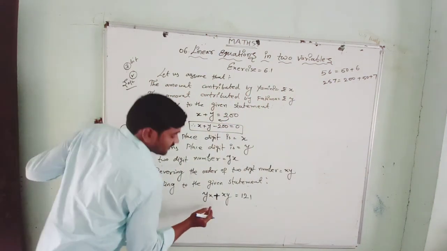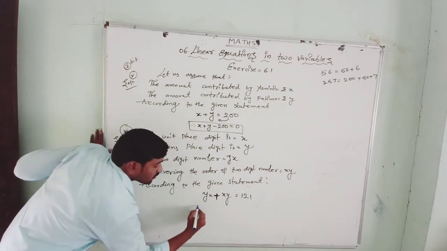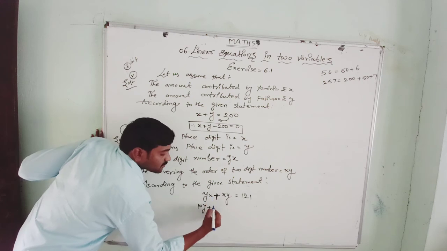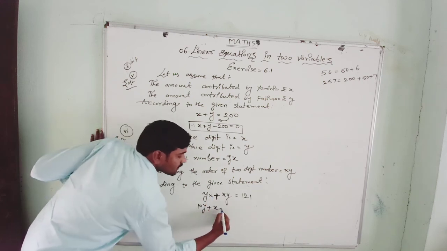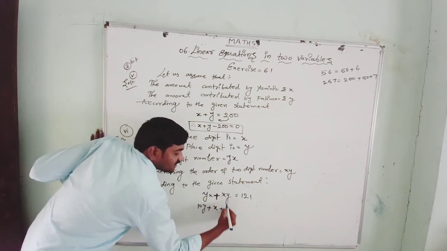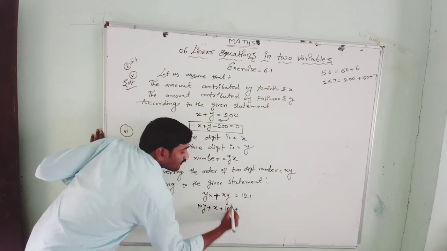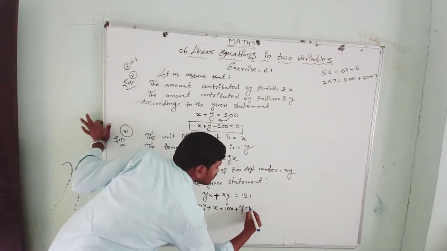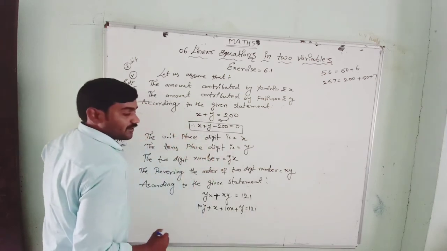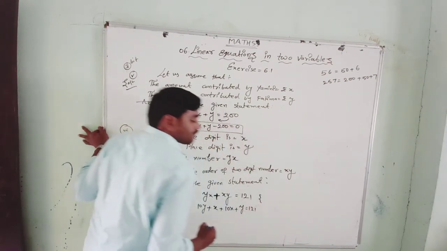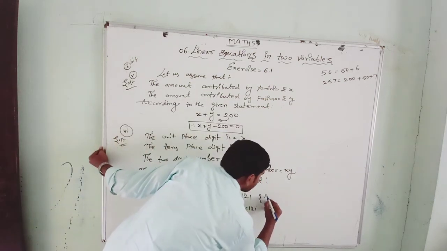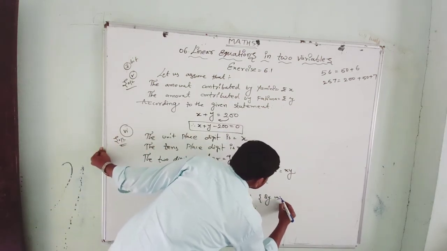In the same way we will write this. This y is in the tens place, so it is 10y, plus this x in the ones place, so 1x, plus here x is in the tens place, so 10x, plus y in the ones place, so 1y, equal to 121.